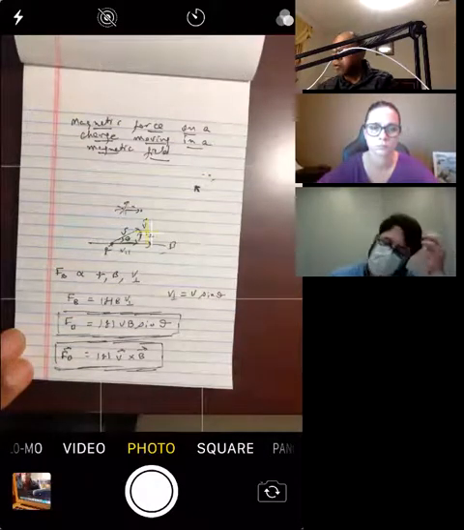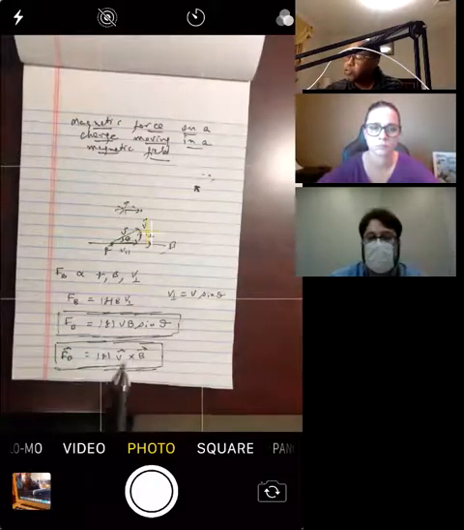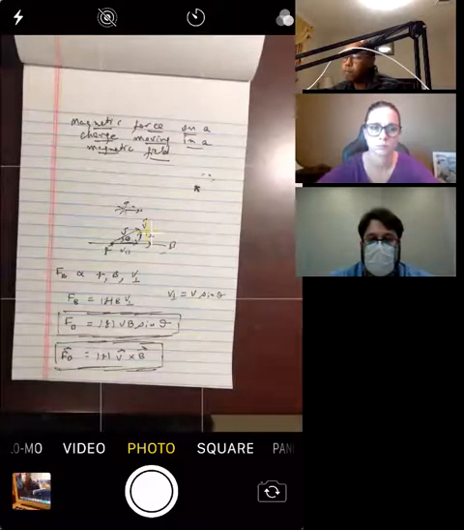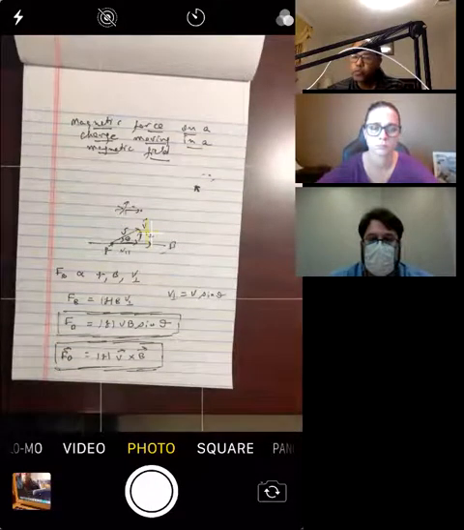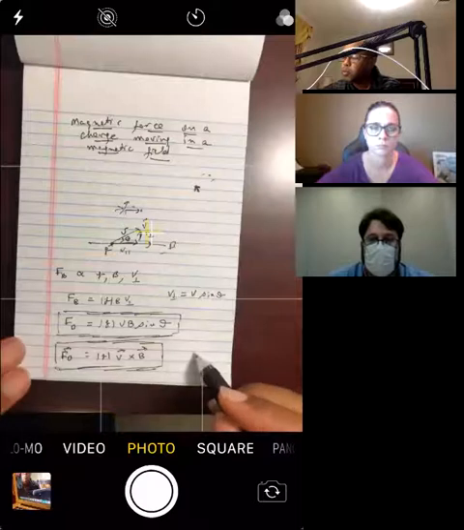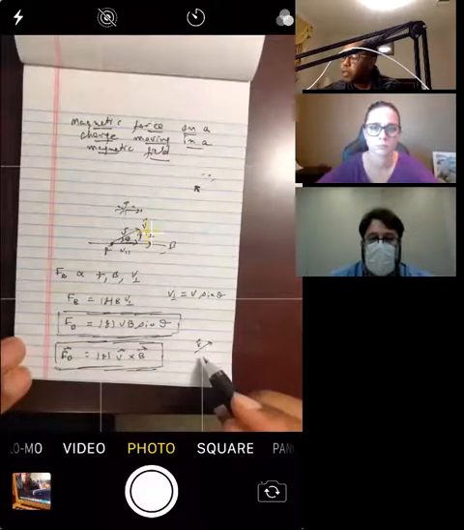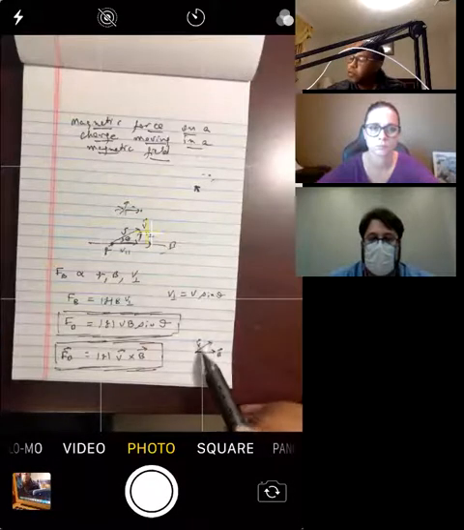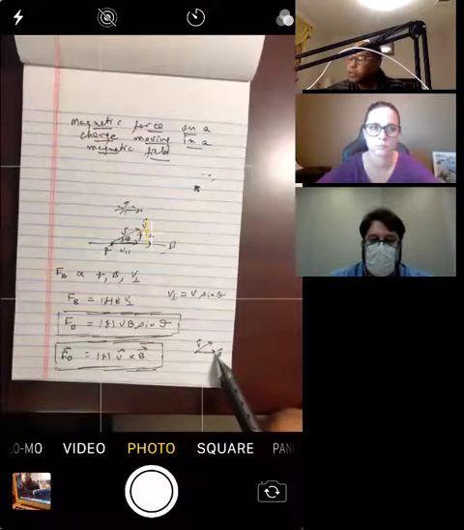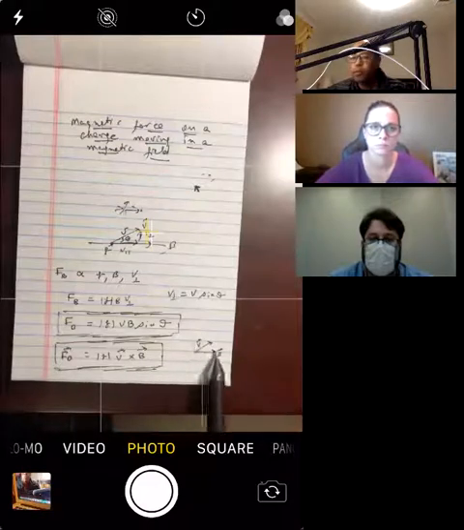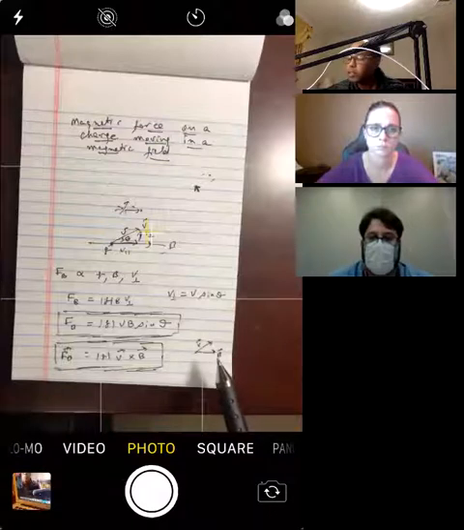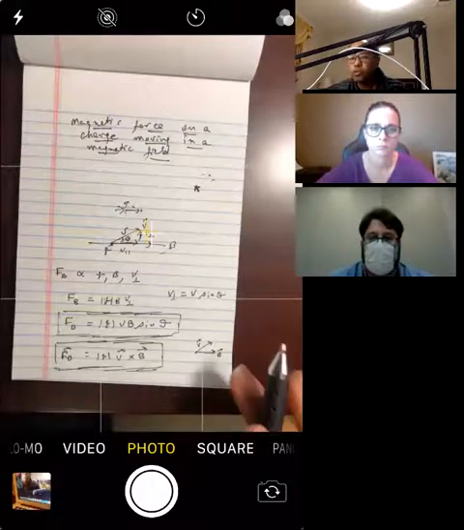Now can you tell me about the direction of the force in relation to the velocity and B? You remember the direction of a cross product? The direction of a cross product is perpendicular to the plane determined by the two vectors. In this case, this is the velocity and this is the field. This determines the plane of the paper. So the direction of the force is perpendicular to the surface.